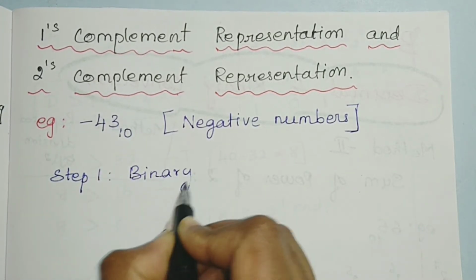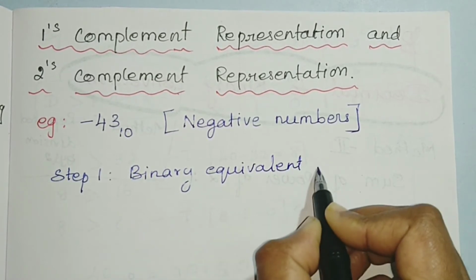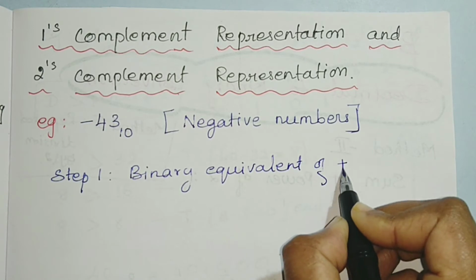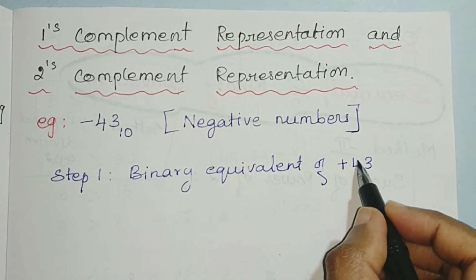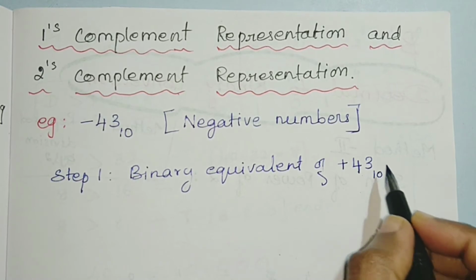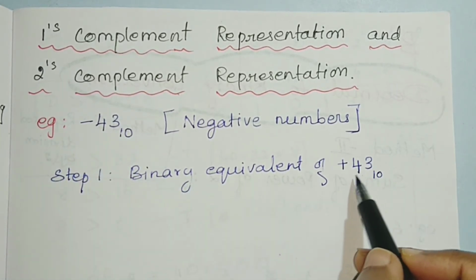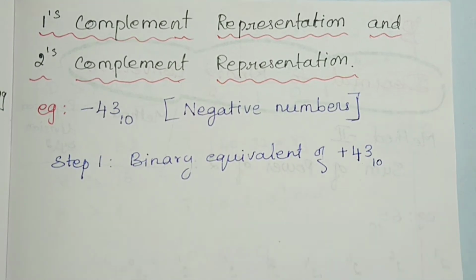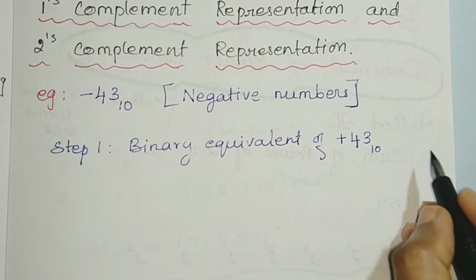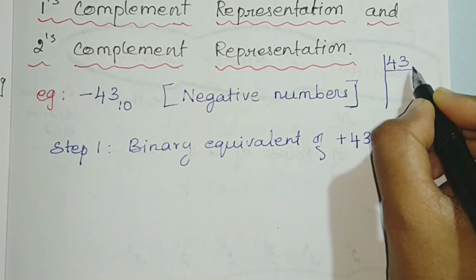Step 1, find the binary equivalent of the given decimal number 43. Simply convert the positive decimal number 43 to its binary equivalent. Later we find 1's complement and 2's complement, and the result will be minus 43. Use the repeated division method to find the binary equivalent of this 43.